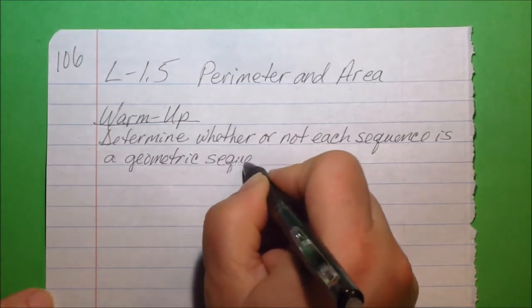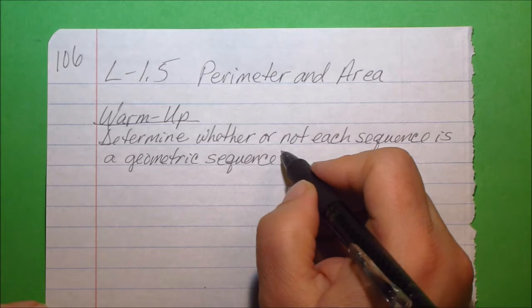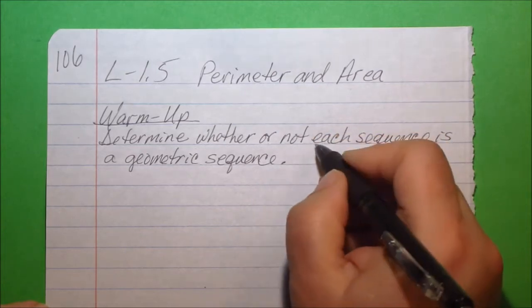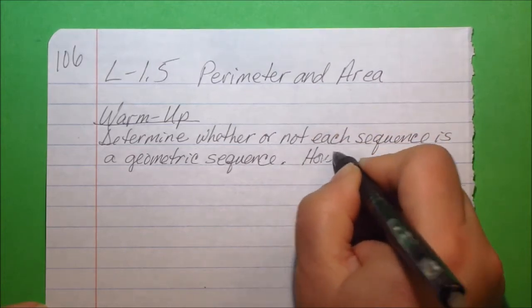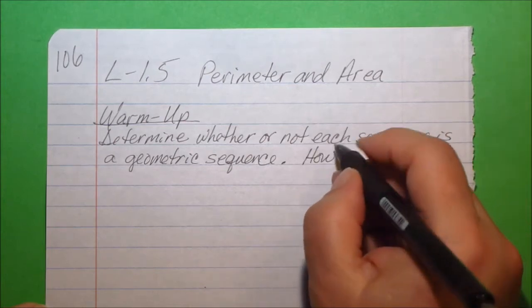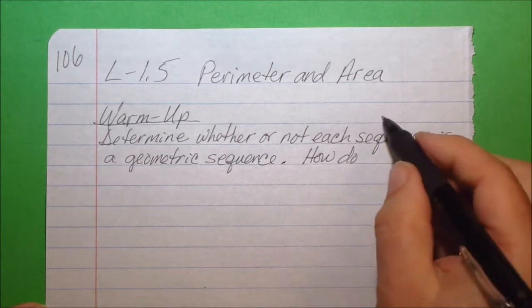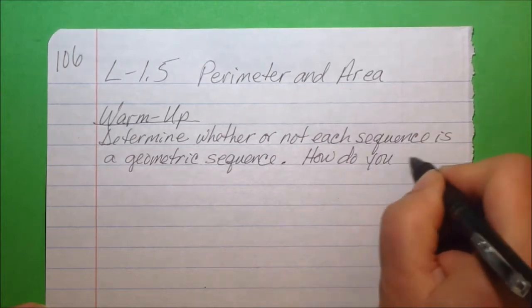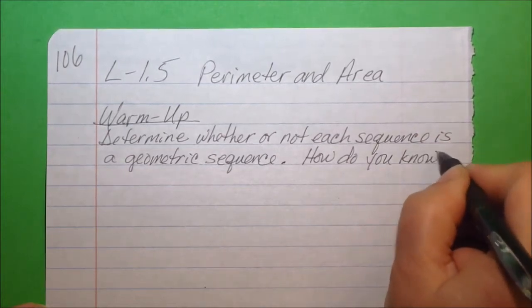Remember the difference between geometric sequences and recursive sequence. Okay, and so as you try to remind yourself of this, answer, how do you know? When you make your decision, how do you know that's true?